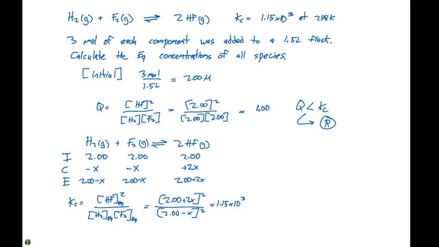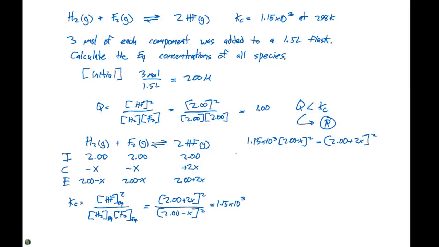So now we're going to have to multiply out each of these expressions. We're kind of going to have to go back in time a little bit to algebra class, because to evaluate this expression we would have 1.15 times 10 to the third times 2.00 minus x, that quantity squared, and that's going to equal 2.00 plus 2x, that quantity squared.